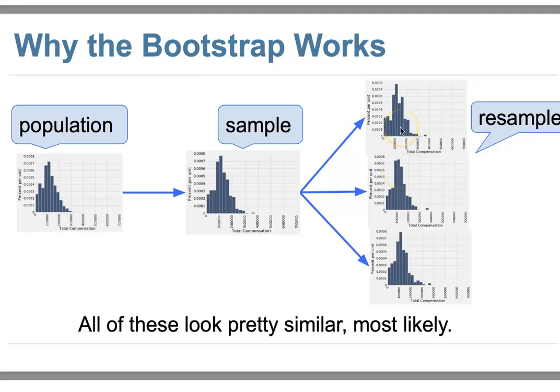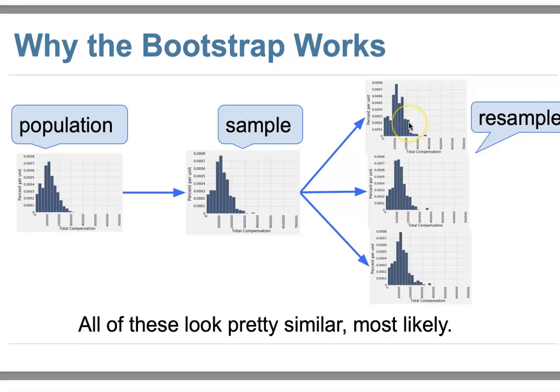Each resample has its own statistic. For example, in our San Francisco city worker data, from that population we have the parameter, the median total compensation. According to our sample, we have the statistic to find the median. The same thing goes for each resample; each one has its own median.